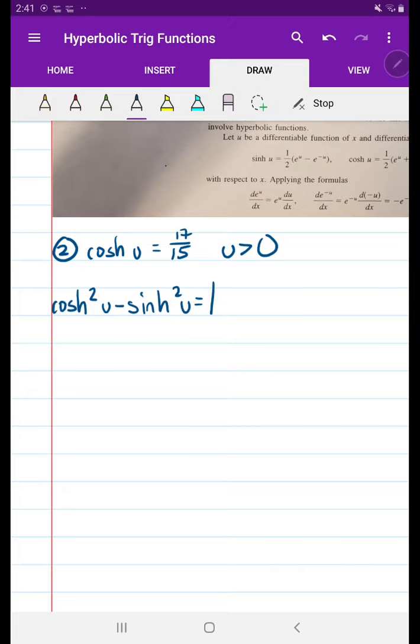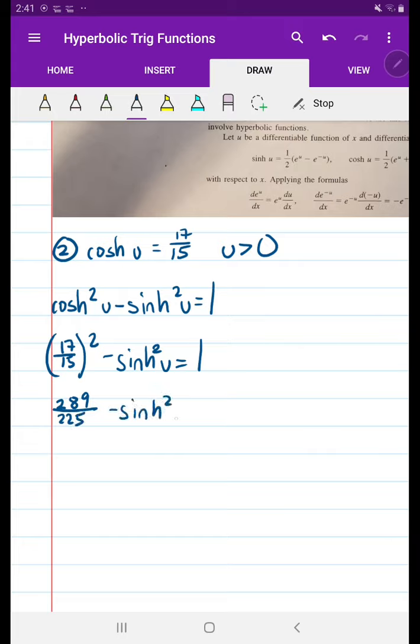And they just told me that cosh u is 17 over 15, so I'll say this is 17 over 15, the whole thing squared, minus sinh squared u equals 1, right? So then this is going to turn into 289 over 225 minus sinh squared u, which is 1.